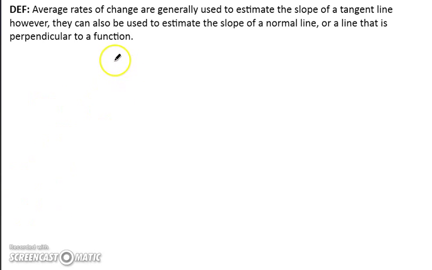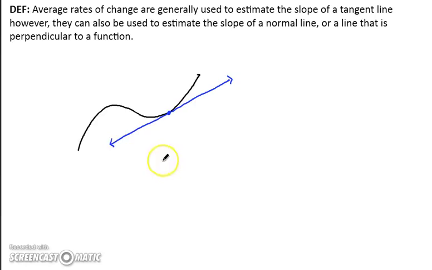So if we look at, say, another just random function, in calculus, again, one of the biggest things that we're going to be looking for is slopes of tangent lines. So if I have a point right there, we're eventually going to be really, really curious about that slope right there. Remember that a tangent line intersects a function at exactly one point.